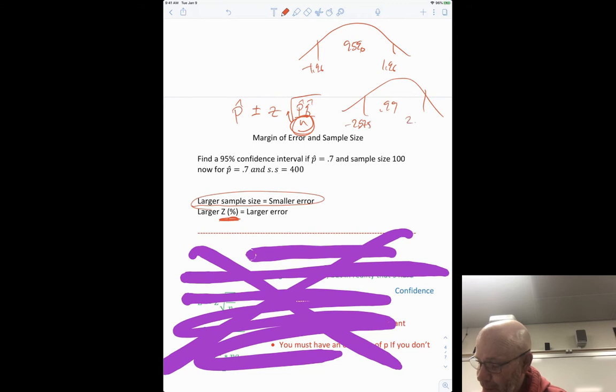So bigger z, more confident, but it's going to give me a bigger confidence interval. Most people want a smaller confidence interval. I could say I'm 100% sure that the actual population proportion of buses with safety violations is somewhere between 0% and 100%. It means nothing, right? So we don't really want bigger confidence intervals, but sometimes we get them.